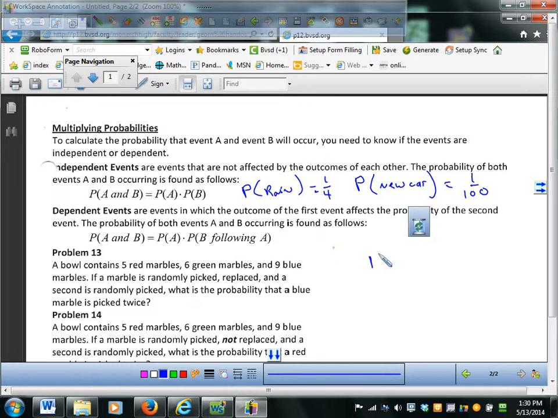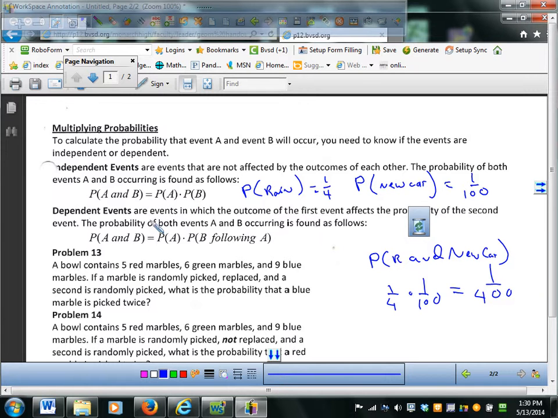Then the probability that it will rain and you get a new car is 1/4 times 1/100, which is 1 out of 400. You guys understand? So that's if things are independent, if they don't count on each other.